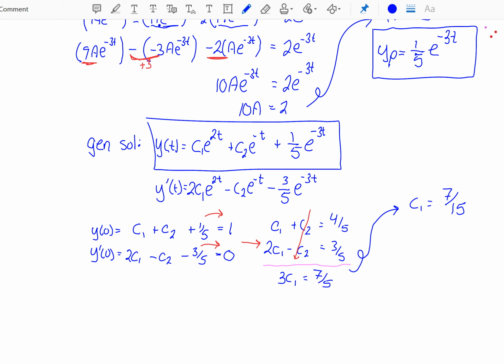Okay, now if c1 is 7/15, then I'm going to grab our first equation. If c1 is 7/15, this means 7/15 plus c2 has to equal 4/5. I'm going to grab my calculator for this. Look at 4/5 minus 7/15.